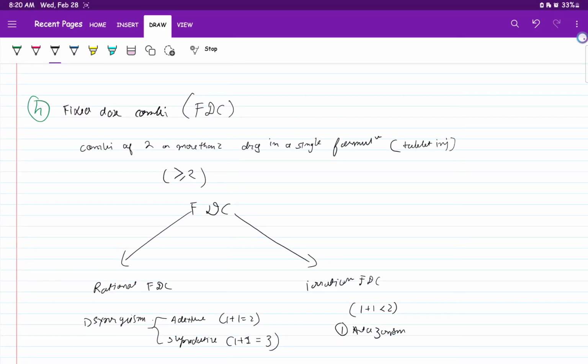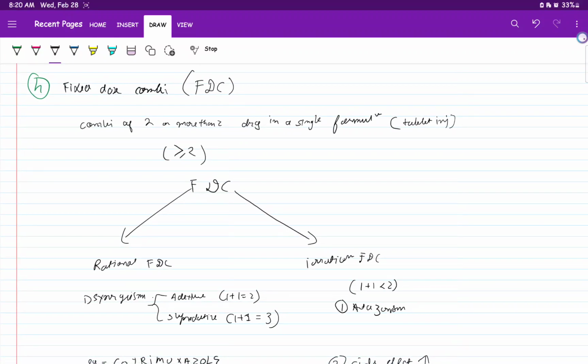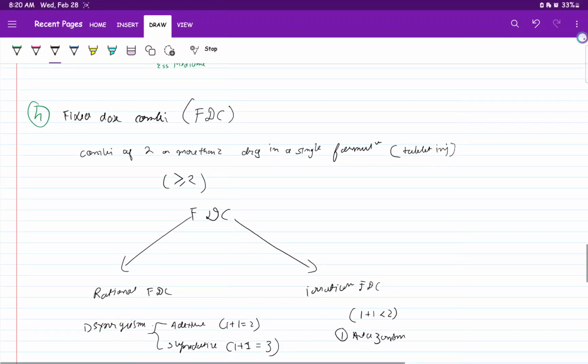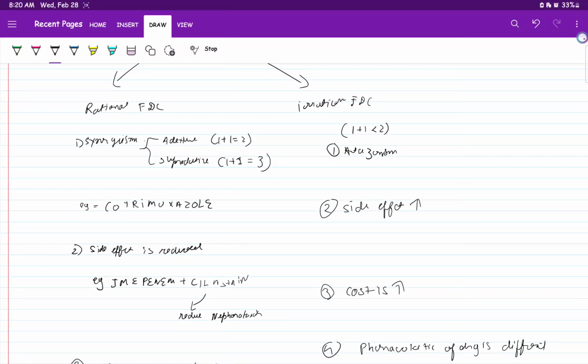And the fourth one is fixed dose combination. We combine two drugs in a single formulation, two or more than 2. So there are two types of FDC, rational and irrational fixed dose combination.